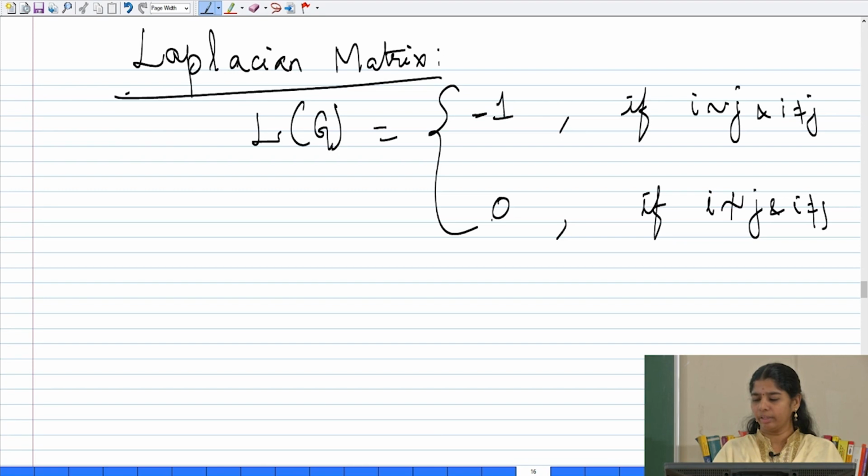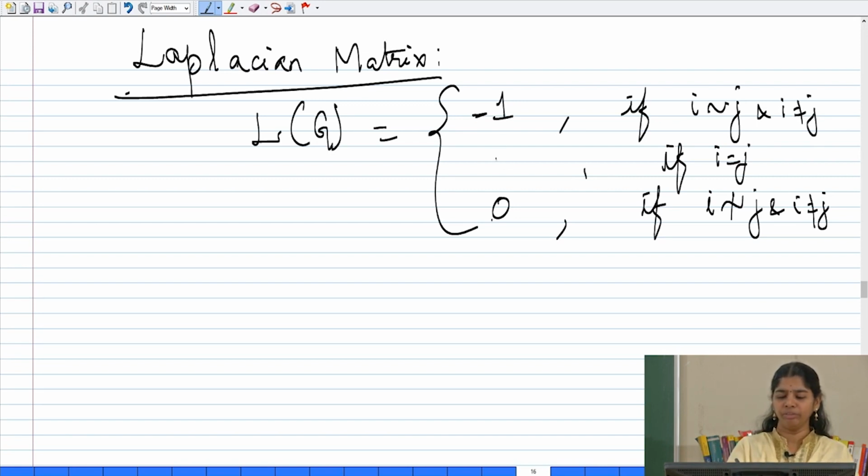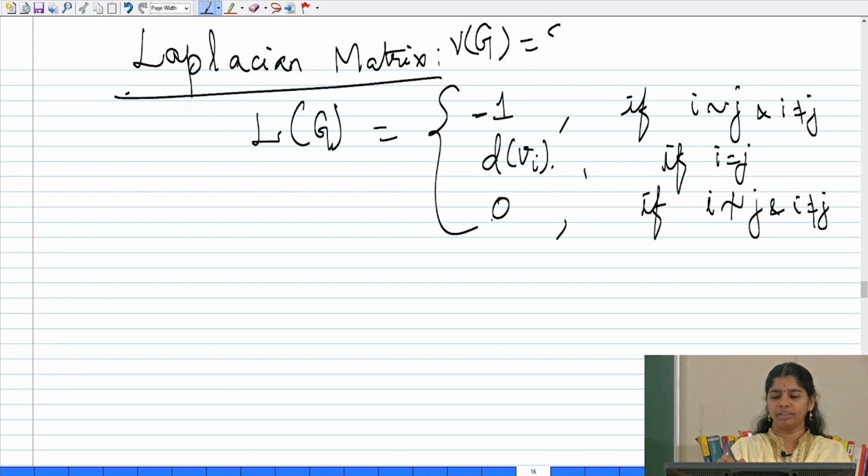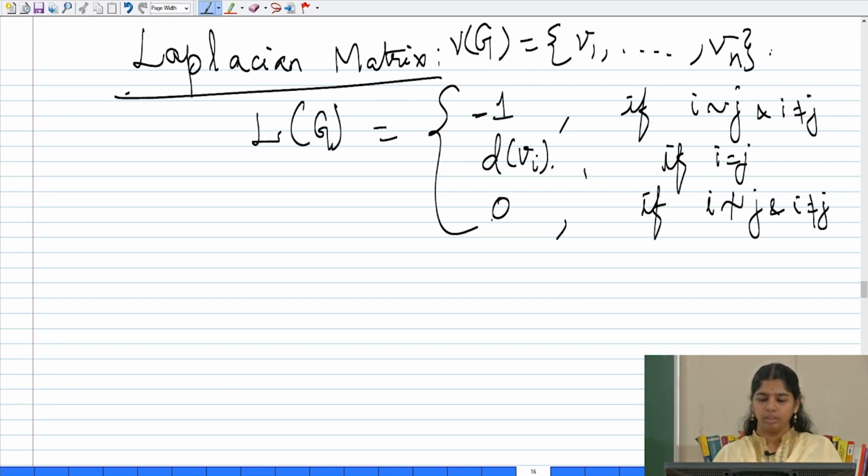Let us now concentrate on simple graphs, right, and the diagonal entries, if i is equal to j, then it is nothing but the degree of the vertex, say d of the vertex v_i. So, what do we have? V of G has the vertices, say v1, v2, ..., vn. So, obviously L is an n by n matrix.